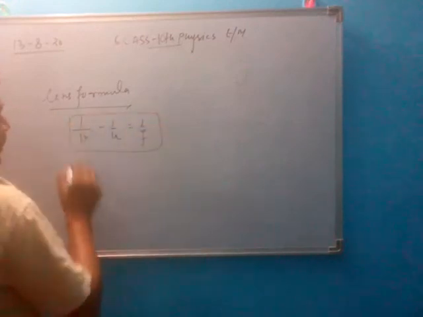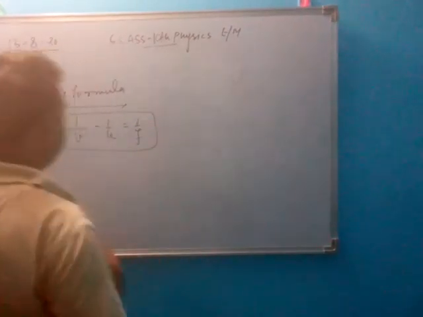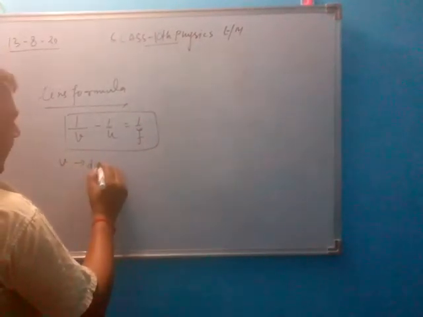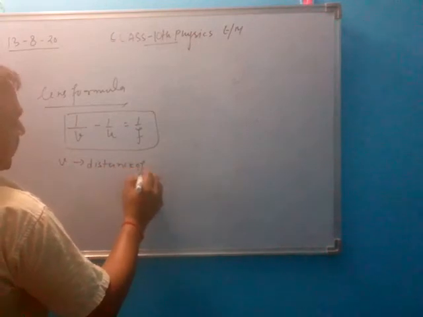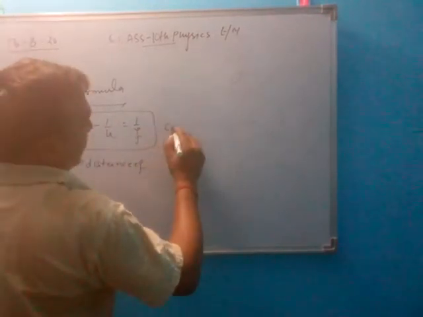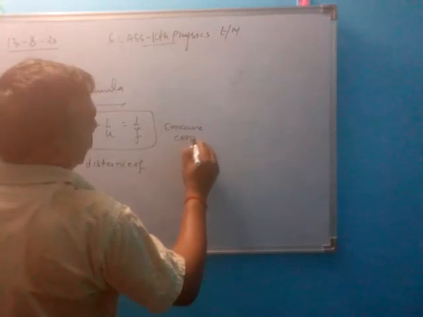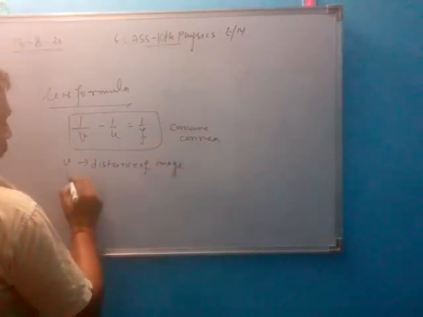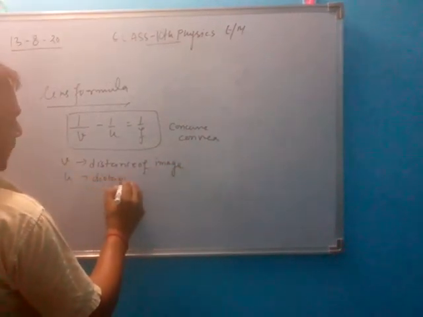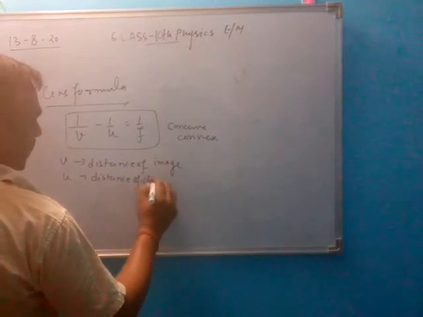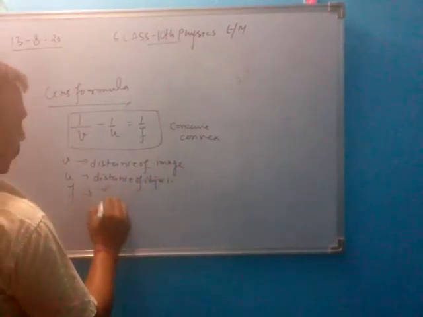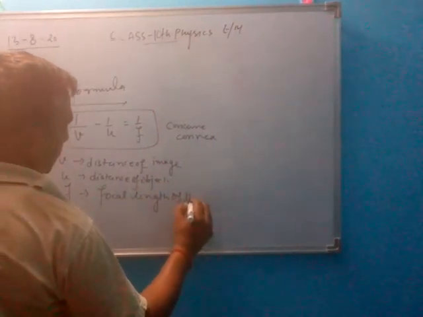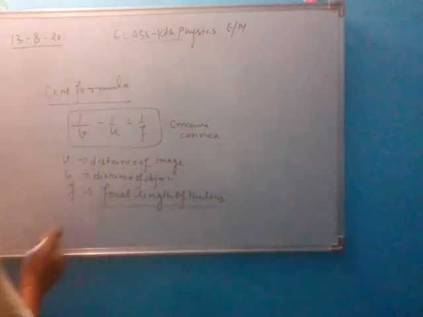That is the formula; no derivation is required. This formula is for both concave lens and convex lens. v is the distance of image, u is the distance of object, f is the focal length of the lens. This is the lens formula which is most important.